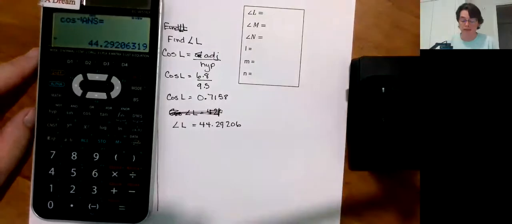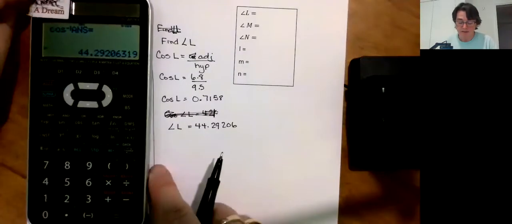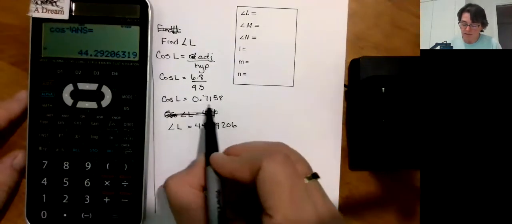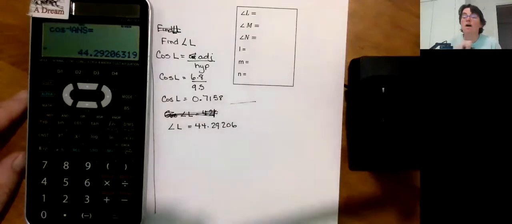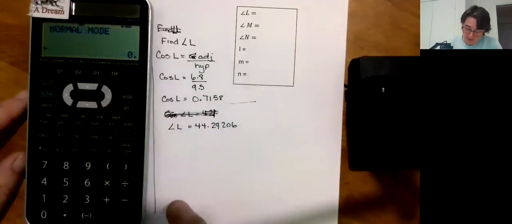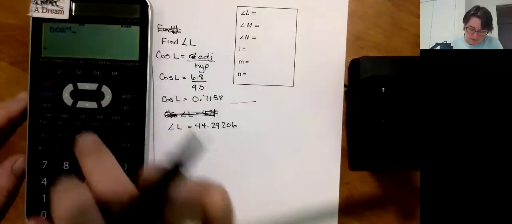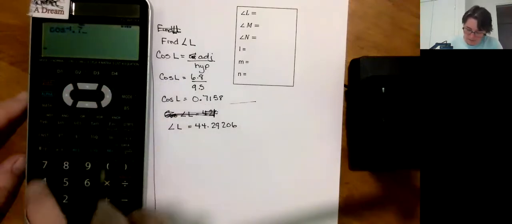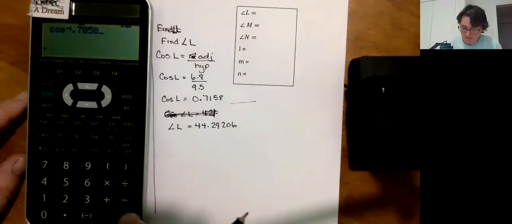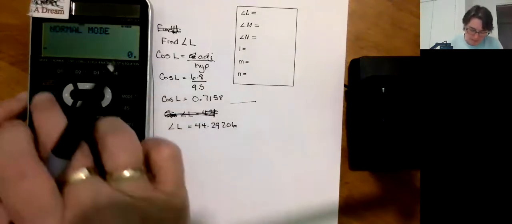Bear with me, I'll explain that in a minute. Okay, so my calculator didn't round at this point. It used all the possible data that was in it. Okay, so all the numbers that were there. If I, on the other hand, go second cos 0.7158, okay, if I type that in, that would be better.